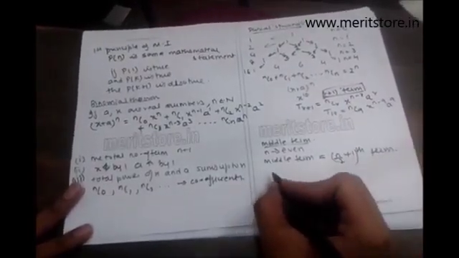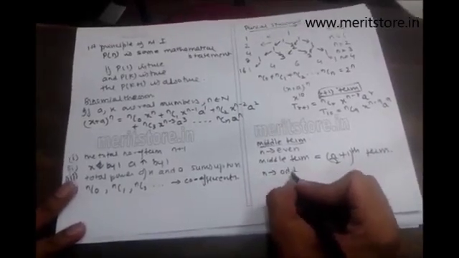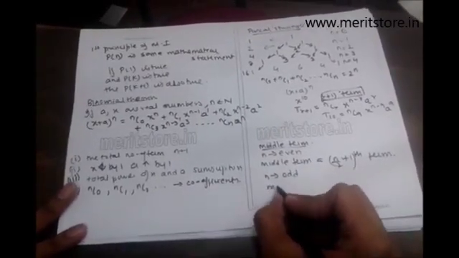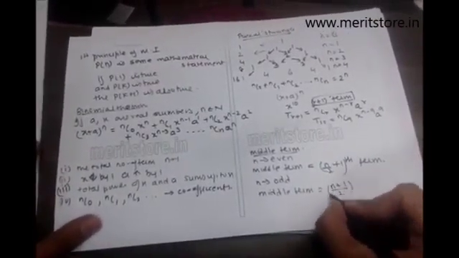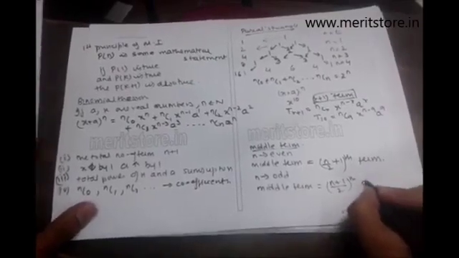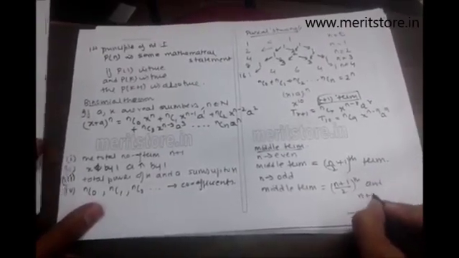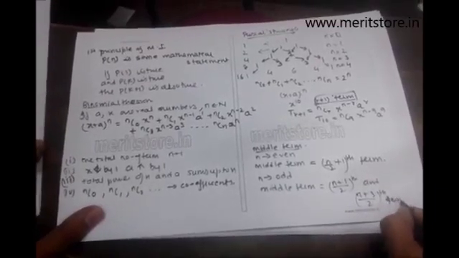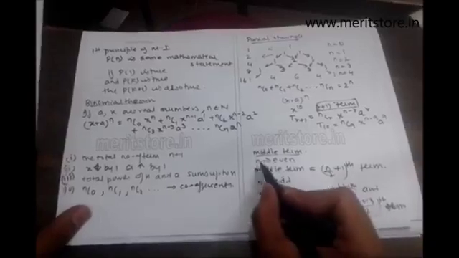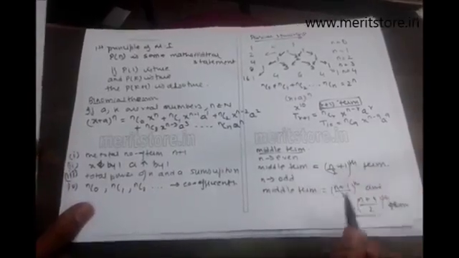In case n is odd, the middle terms will be n plus 1 by 2 and n plus 3 by 2 term. So if you observe, when n is odd, there are 2 middle terms, and when n is even, there's only 1 middle term.